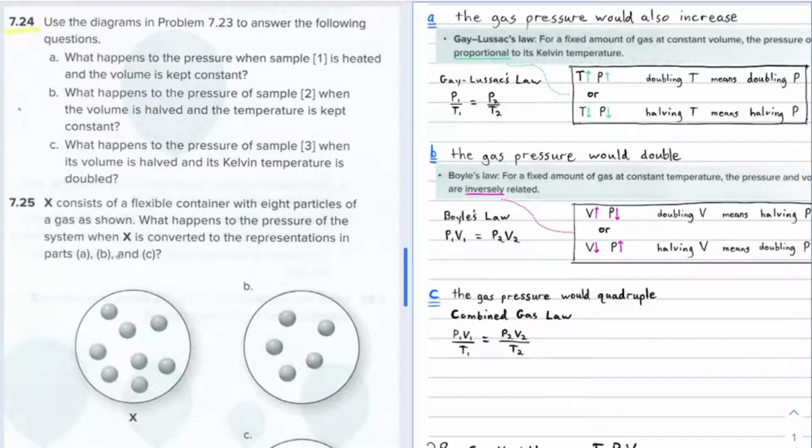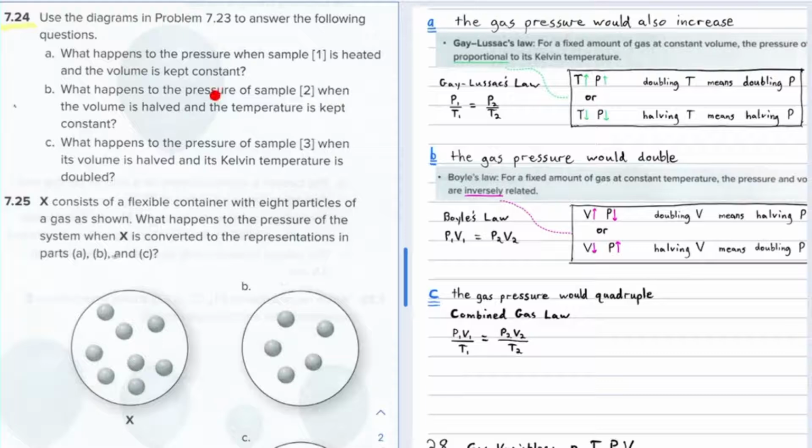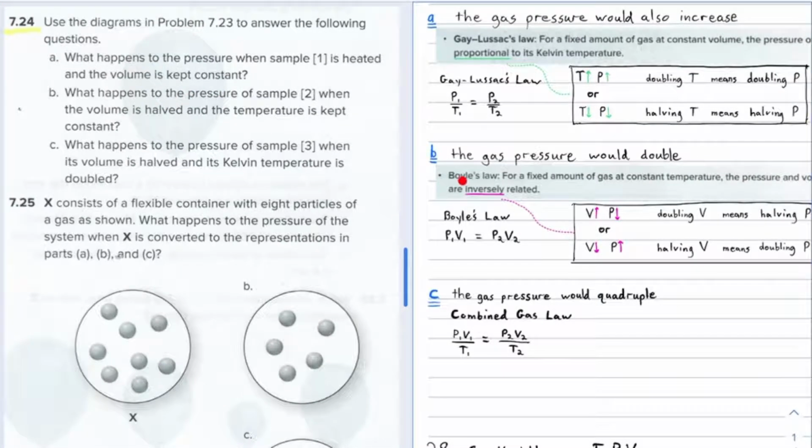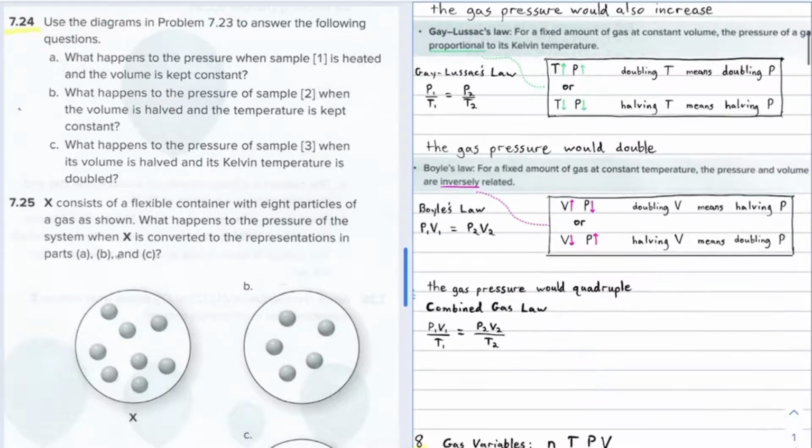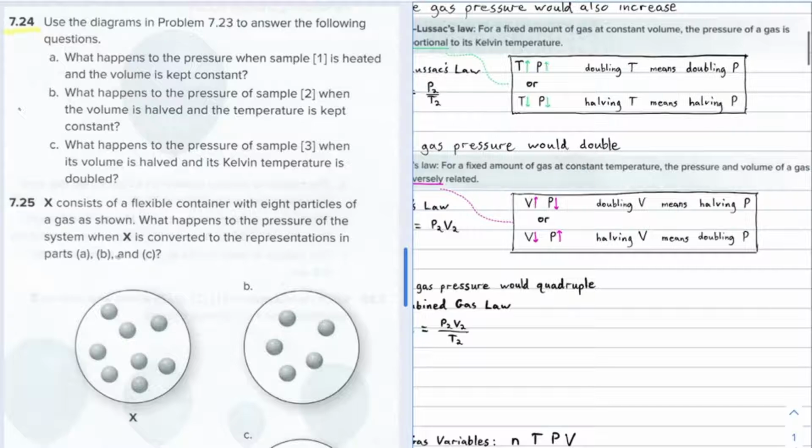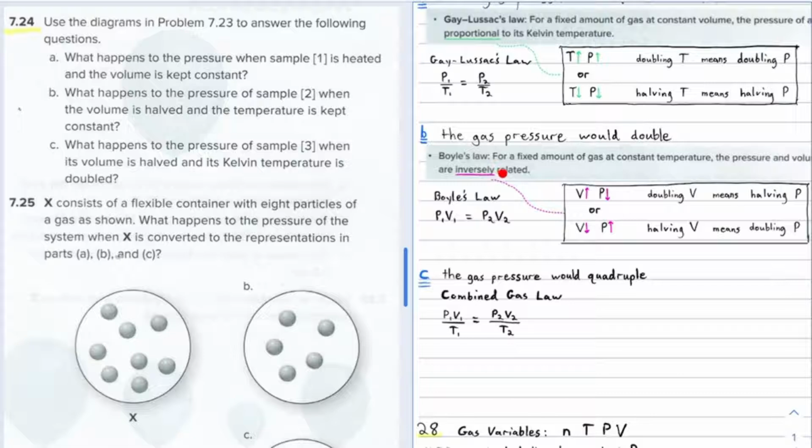The relation between pressure and volume is described by Boyle's law. Boyle's law says for a fixed amount at constant temperature, so constant moles, constant temperature, the pressure and volume of a gas are inversely related. Inversely related is different than proportional. Proportional means when one goes up, the other one goes up. If you double the temperature, you double the pressure.